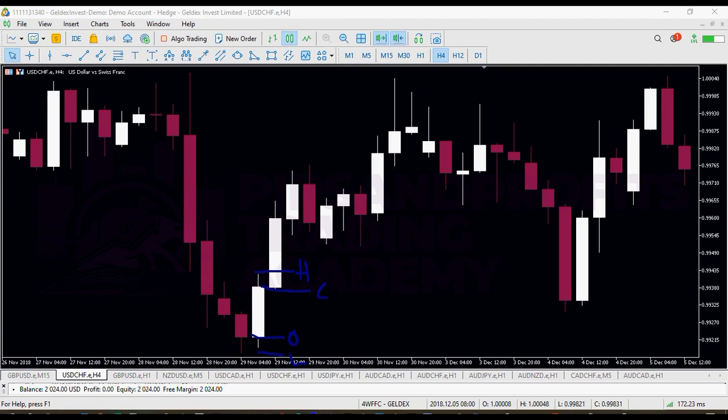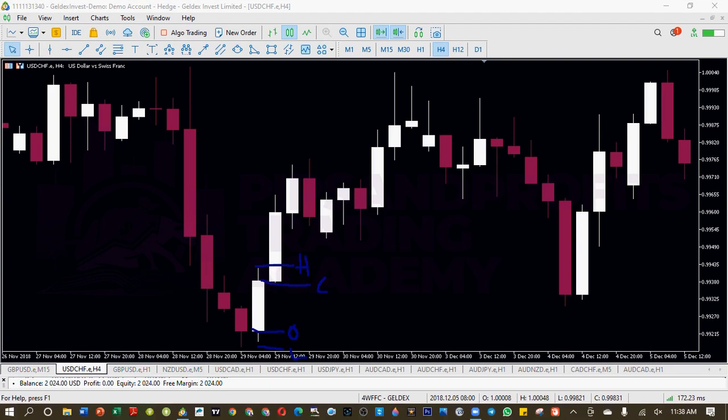So this particular candlestick you see over here is what we call a bullish candlestick. Okay, a bullish candlestick. All right.